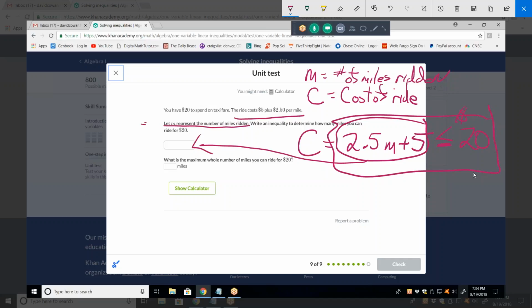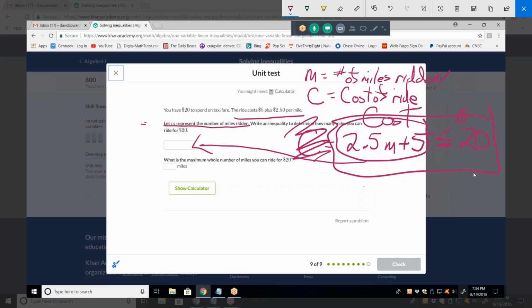Let's solve this. Okay. So 20 minus 5. Start from the left. So that's 15. Hold on. Not this left. Okay. This is cost right here.